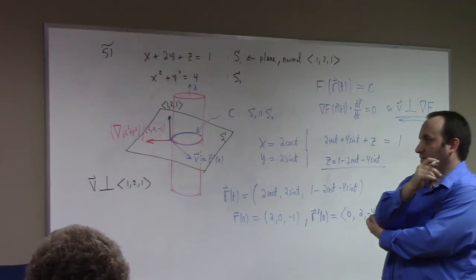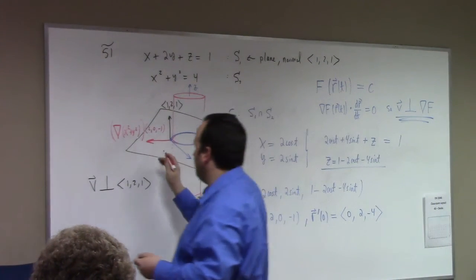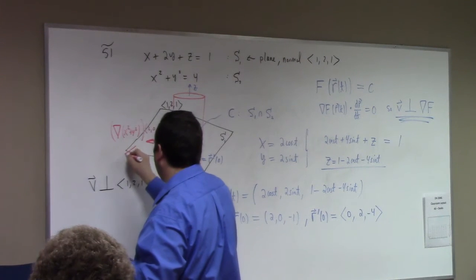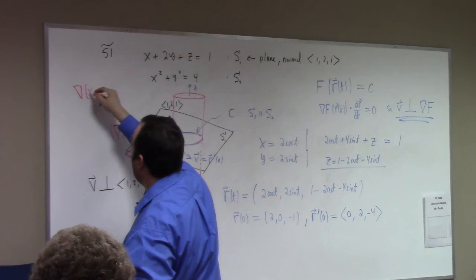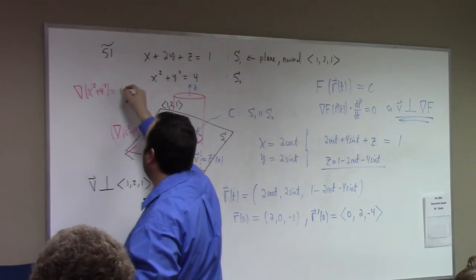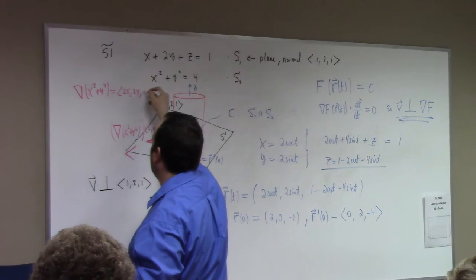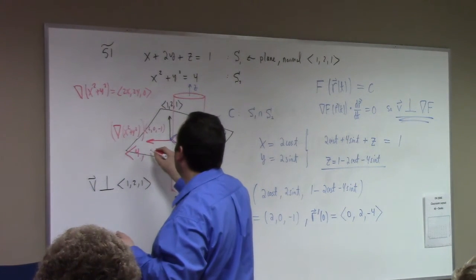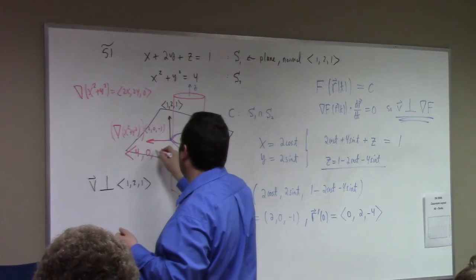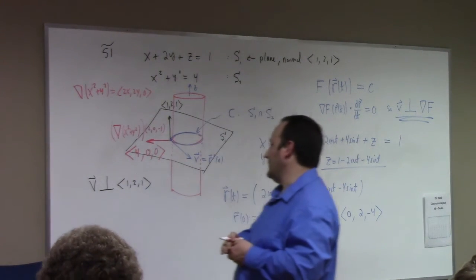So what is that red vector I just drew? The gradient of x squared plus y squared is just 2x, 2y, 0, right? So this would give me 4, 0, 0.